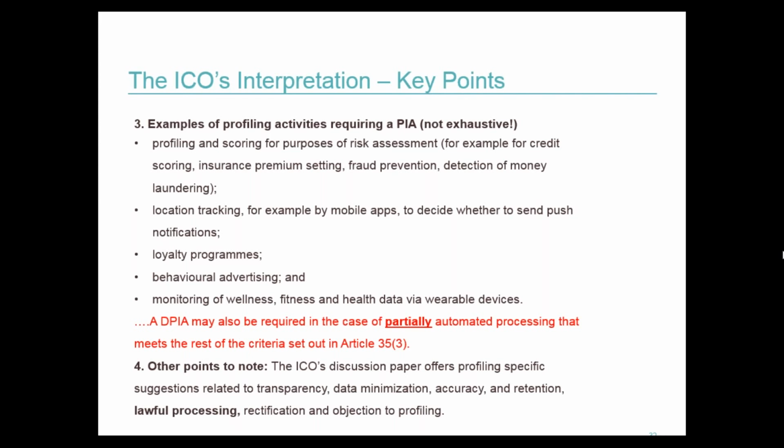It doesn't have to be information about a specific decision. So this is potentially helpful for controllers rather than having to go into a huge amount of detail. And in terms of explaining the logic behind the decision, it doesn't have to be a technical description, but it should clarify the categories of personal data used, the source of the data, and why the data is considered relevant. You also need to make sure that you're clear about the individual's right to object. It can't be hidden in the T's and C's.